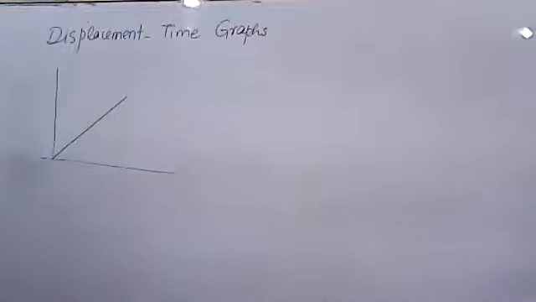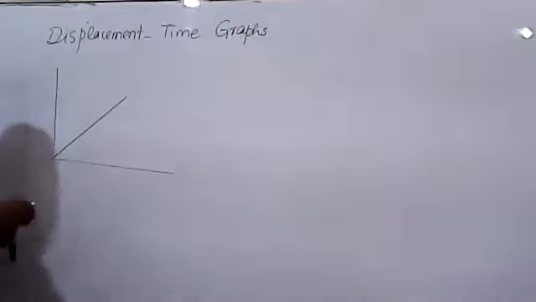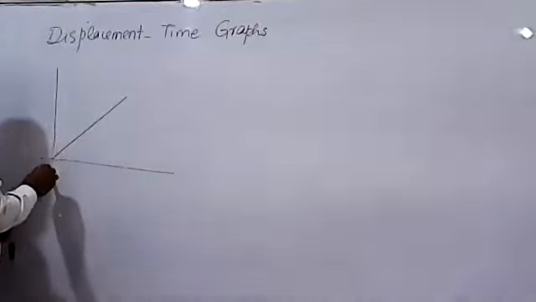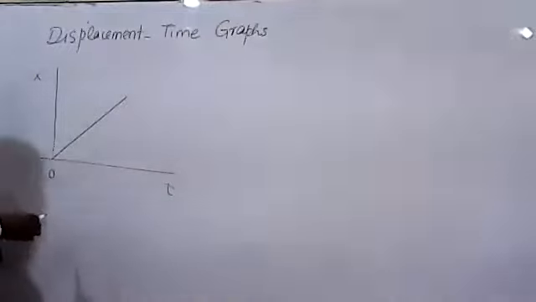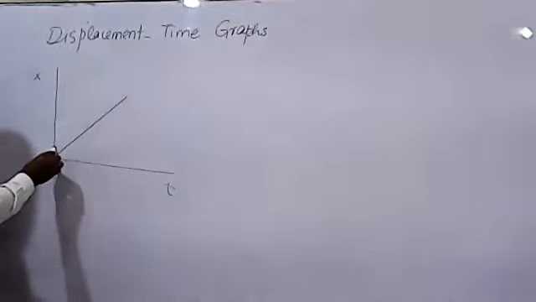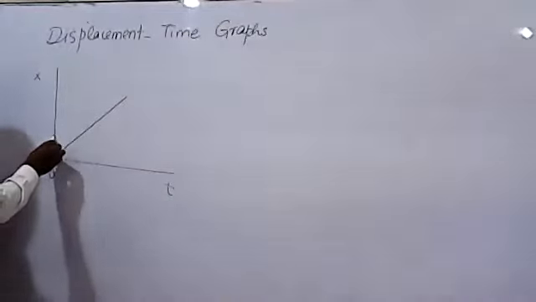This displacement time graph simply shows that an object initially is at a certain position and we take it as an origin. And from this origin, it changes its position with time. And that means it goes away from it and equal distance is covered in equal intervals of time.